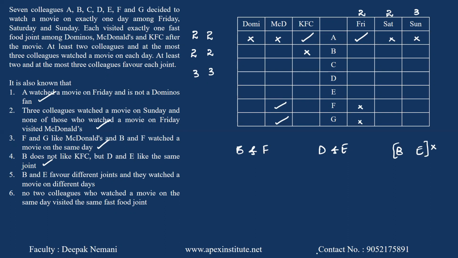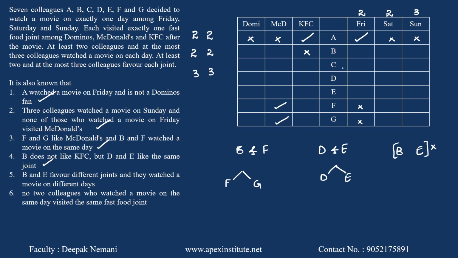Now no two colleagues who watched the movie on the same day visited the same fast food joint. Now you have F and G visiting McD. So I can say that F and G watched a movie on two different days. Okay, and you have D and E liking the same joint. So D and E have watched a movie on two different days.